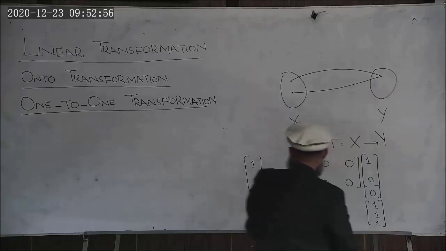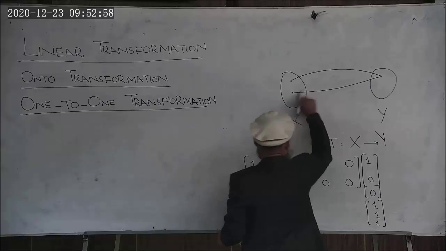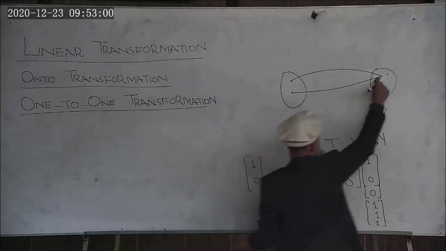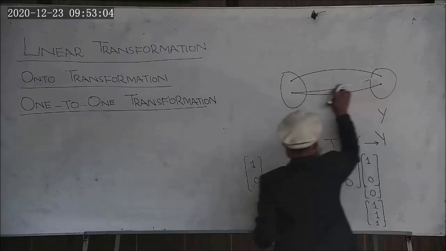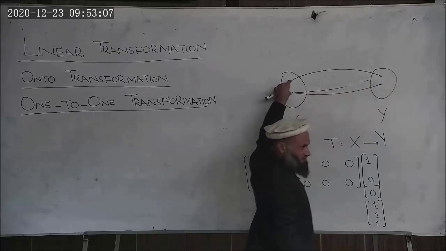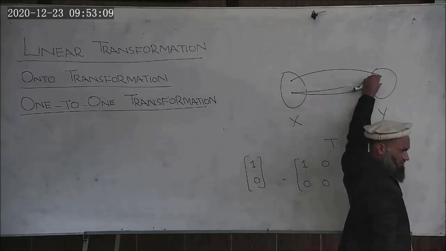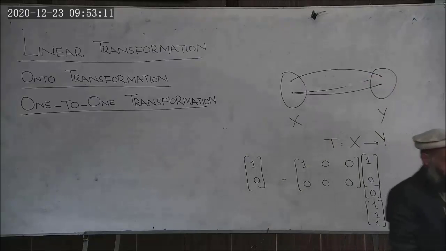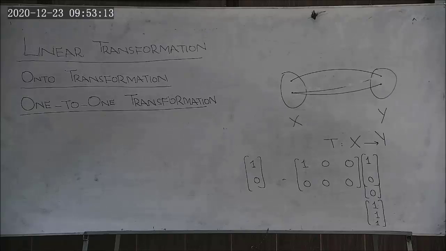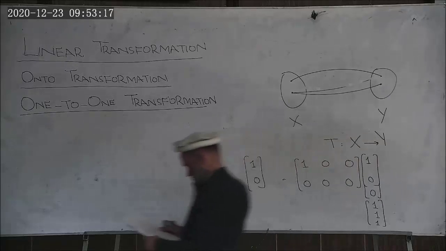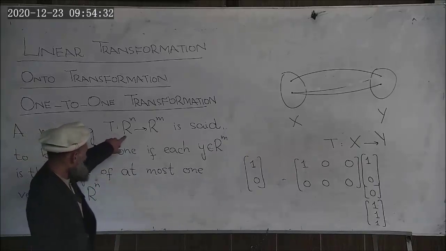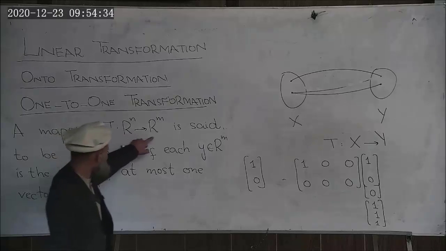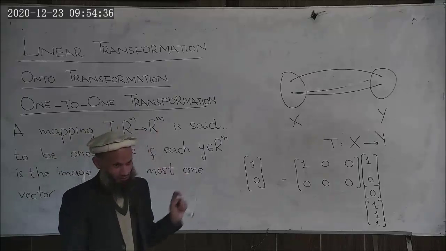So it is quite possible that multiple vectors in this space are mapped to a single vector. However, if each vector in this space is mapped to a unique vector in this space, then this transformation is called a one-to-one transformation or one-to-one mapping. I write the statement. Here is a transformation which maps a vector in Rn into a vector in Rm.